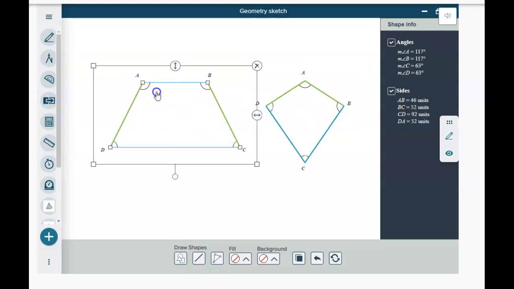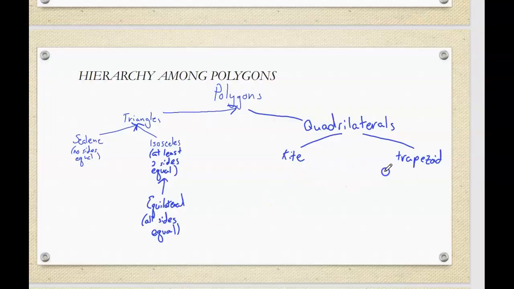Oh, I'm sorry. I want to look at this one. Not the kite. I want to look at the trapezoid. So AD and BC. So BC and DA are the same length. So we have exactly one pair of sides being the same. That's an isosceles trapezoid. So under the trapezoids, we can have an isosceles trapezoid.